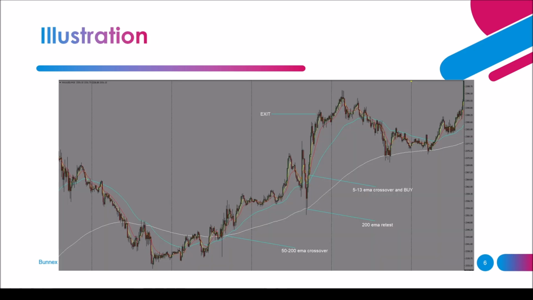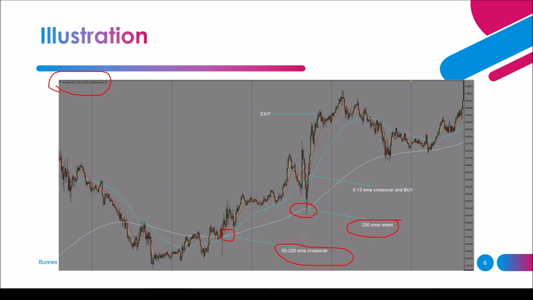We've said step 1 is to actually see a 50-200 EMA cross. This is gold, a snippet from gold. When we see this crossover, it means it's time to get ready. Then the next thing is to actually see price coming back to the 200 EMA, like in this case.